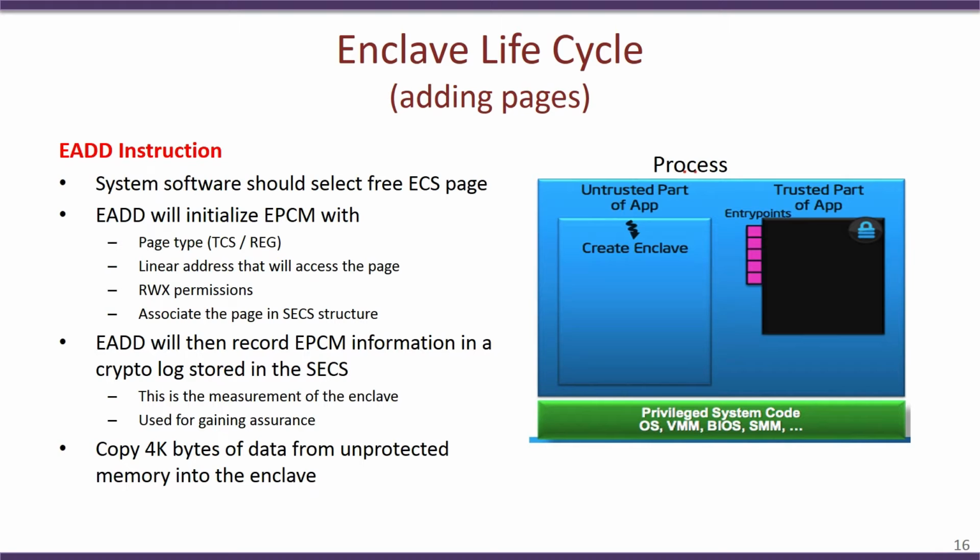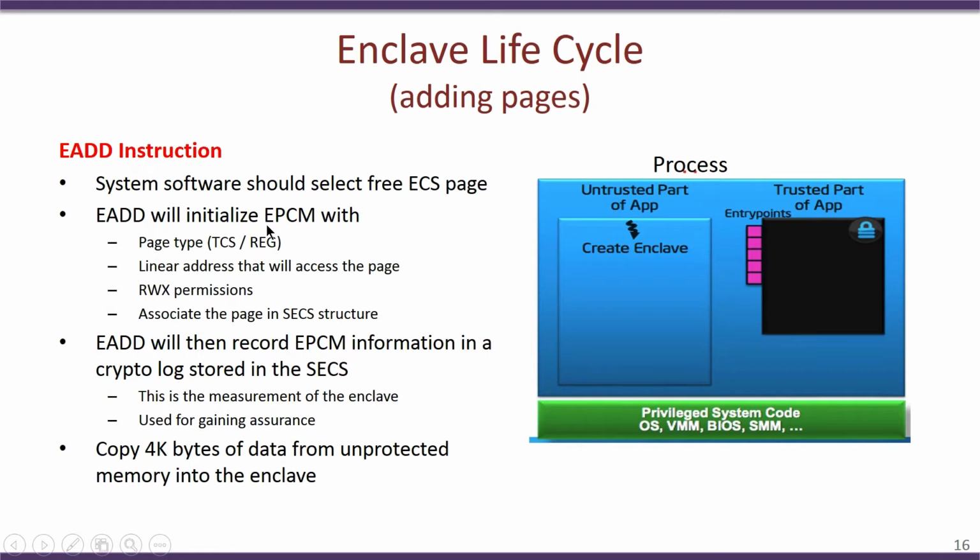Typically the operating system would be able to manage this particular page, but would not be able to read or write the contents of that page. EADD will do two things. First, it will initialize the EPCM.